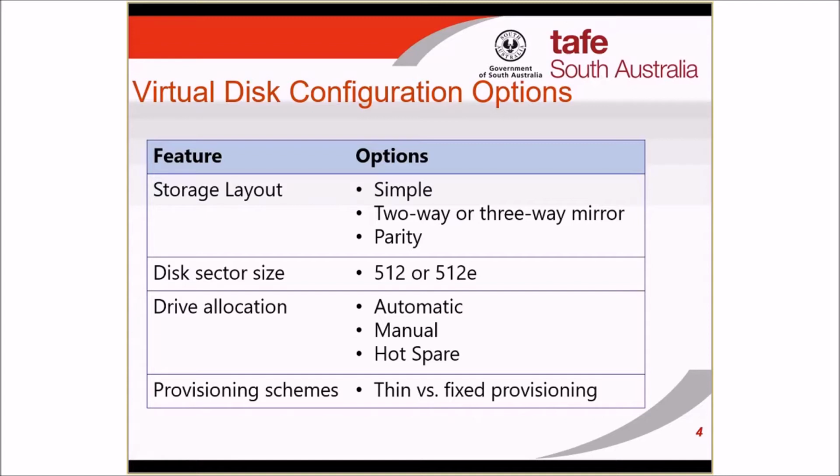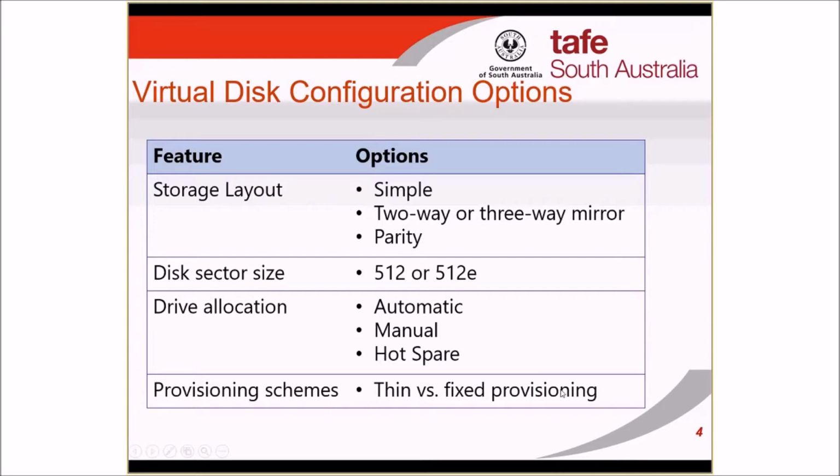If you want a 60 gig disk, then you allocate that space straight away and it uses 60 gigs. Whereas thin provisioning is like not allocating this space straight away. You want a 60 gig disk, but you're really using only 10 gigs of it, so you're only allocated 10 gigs, and it will grow up to 60 gigs as opposed to having all the space provided to you straight away.